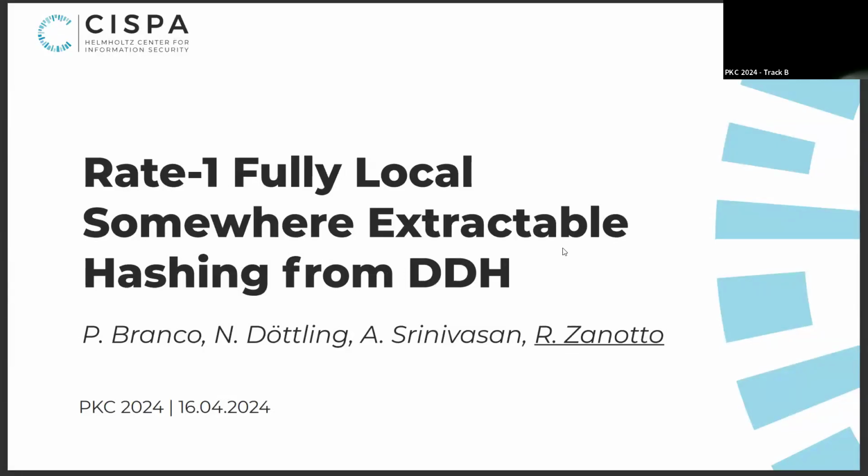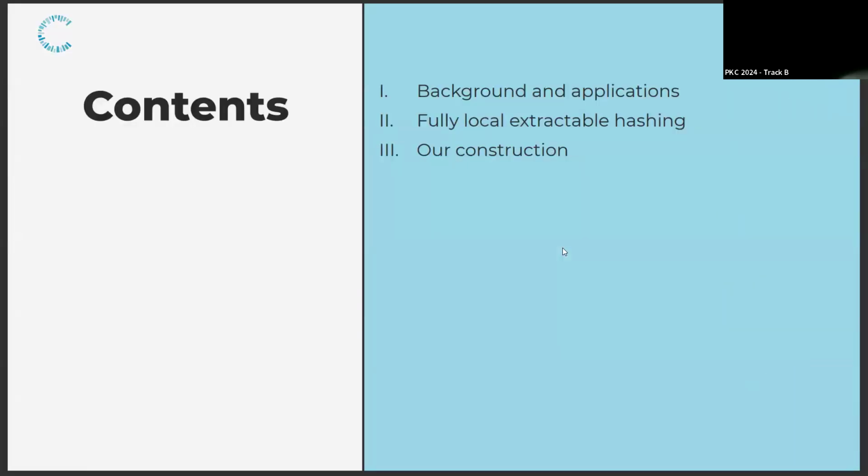Okay. So, hi everyone. I'm Riccardo, a PhD student at CISPA, and I will present our work on fully local somewhere extractable hashing from decisional Diffie-Hellman, and we'll see why this primitive is interesting and how we build it from DDH. So I'll start with some background and tell the applications of this primitive.